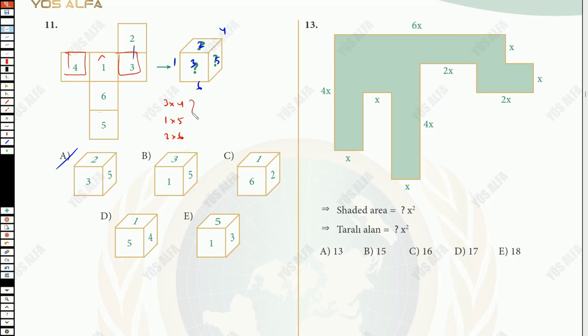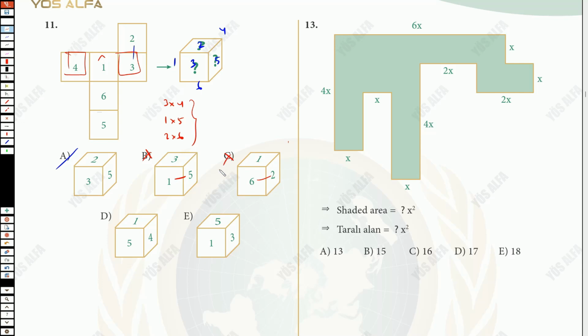So knowing this, it's a lot easier for us to decide which one is impossible. For example, let's take a look at this. 1, 3, 5. Since 1, 5 is next to each other, it's impossible because 1 and 5 must be on opposite side of the dice. So let's check C. 1, 6, 2, 6 and 6, 2. They can never come next to each other because they are on opposite side of each other.